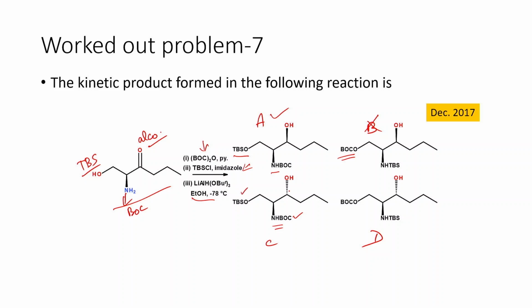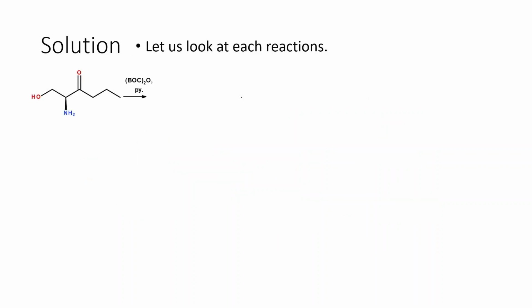The carbonyl is reduced, that is also happening, but the only difference is the stereochemistry of A and C are opposite to each other. That means these two are enantiomers. Now let us move on to the last one. The last one is similar to B, so we can easily say the hydroxy group is not protected as Boc, so D is also ruled out. So now the only thing we have to find out is whether it is A or C.